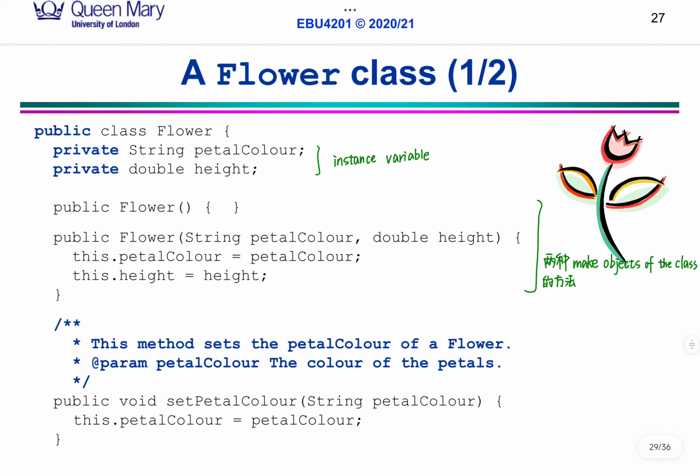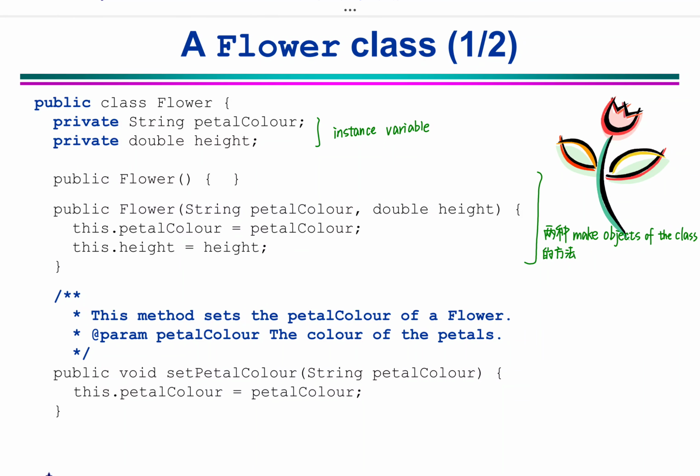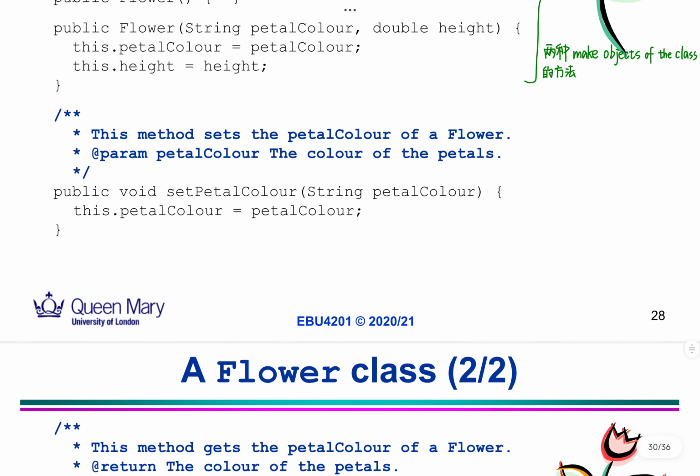A Flower class, this is very simple. We declare a class and some instance variables, and then we set a constructor, and then the setter. Setter means mutator.